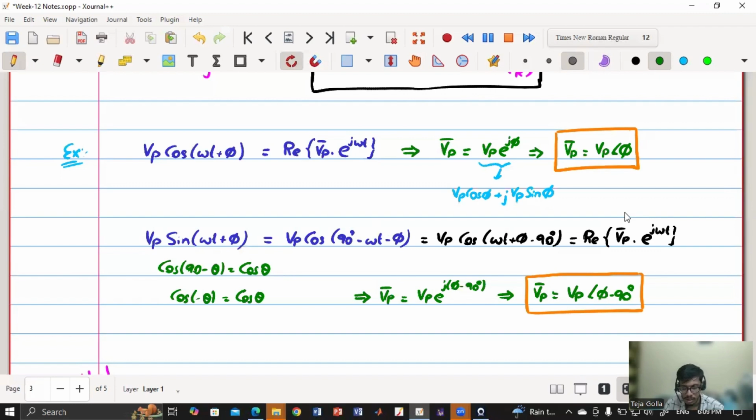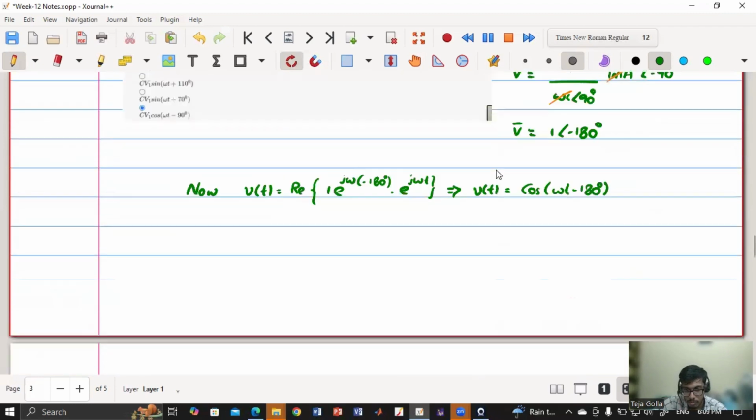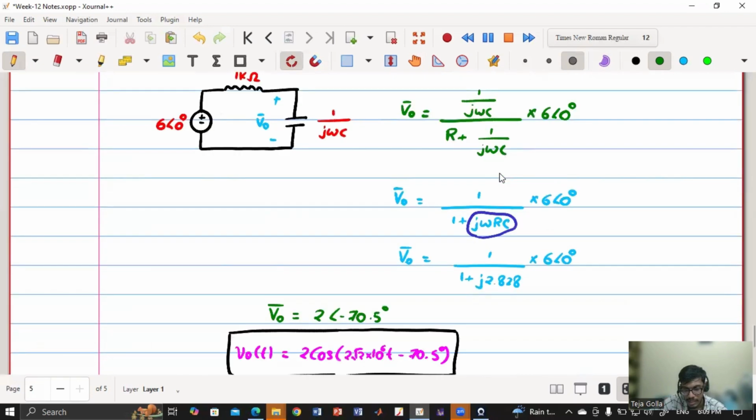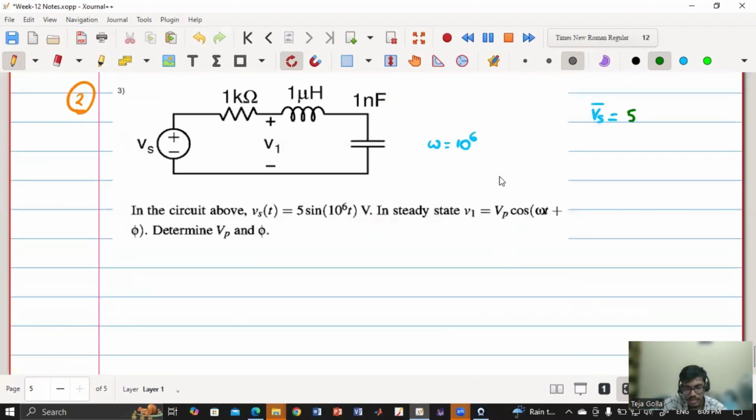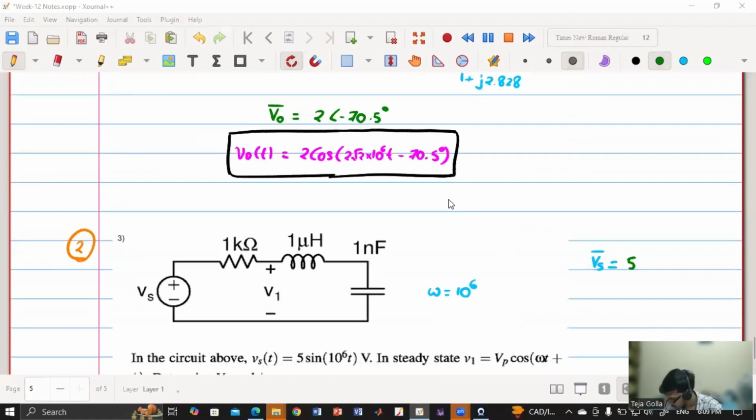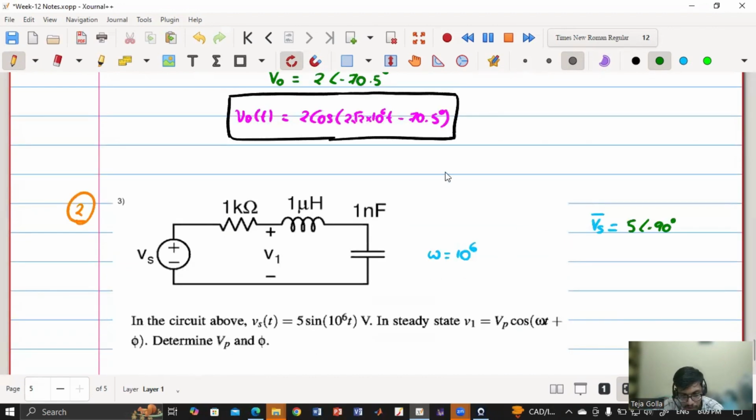Minus 90 degrees. Yes, minus 90, not plus 90, because plus 90 leads to some other value. So Vs is 5 angle minus 90 degrees. This is very important, because if you make a mistake in the Vs phasor, then your V1 phasor will also be wrong. So we have to be very careful.